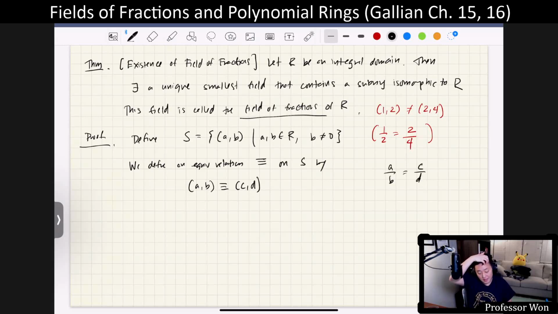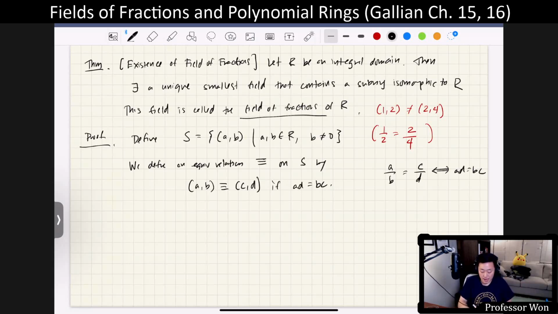Well, we learned a long time ago that you can cross multiply. So this happens if and only if ad and bc are the same integer. And so that'll also be our equivalence relation on S. Again, we're taking ring elements from the ring R. So ad and bc both make sense, and we can tell whether or not they're equal in R.